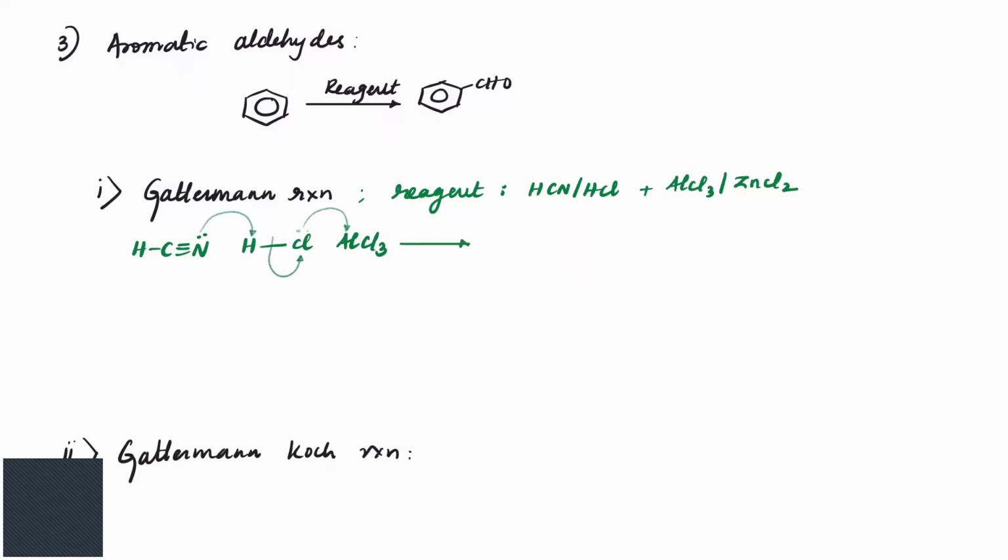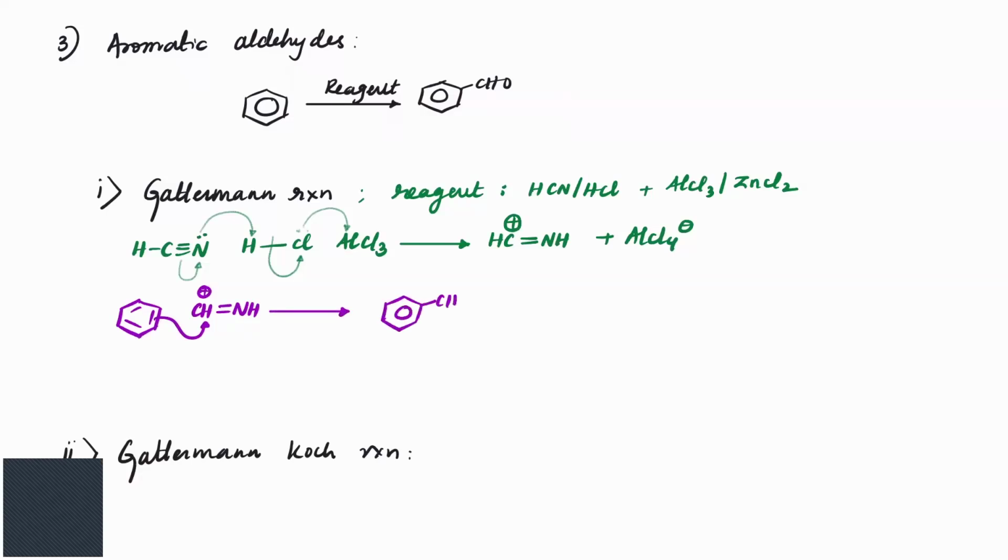That would give us CH double bond NH here, with a plus charge, because this pi bond will also move on to nitrogen here. So that plus AlCl4 minus. And now comes benzene. Benzene notices that we have an electrophile in the form of CH double bond NH with a plus charge, and the pi bond will attack here.